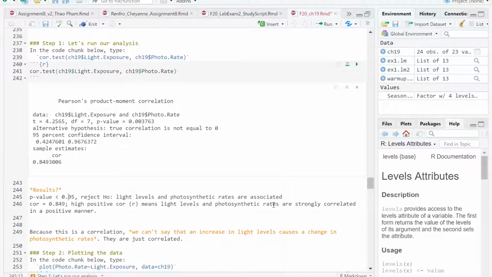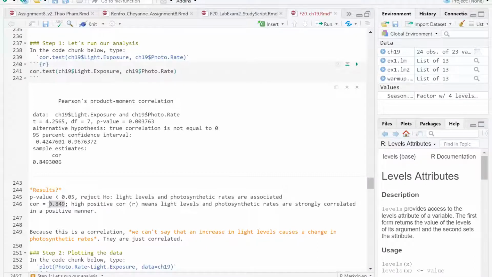Light levels and photosynthetic rates are associated with each other. Our correlation coefficient is 0.849, right? 0.8493006, which means that we have a high positive correlation, r, or not rho, cor or r, because it's just a sample. Meaning that light levels and photosynthetic rates are strongly correlated in a positive manner.